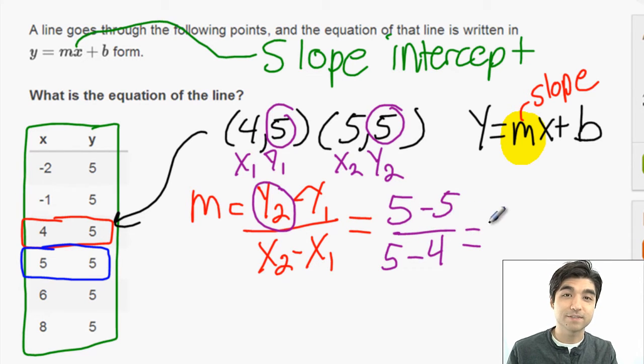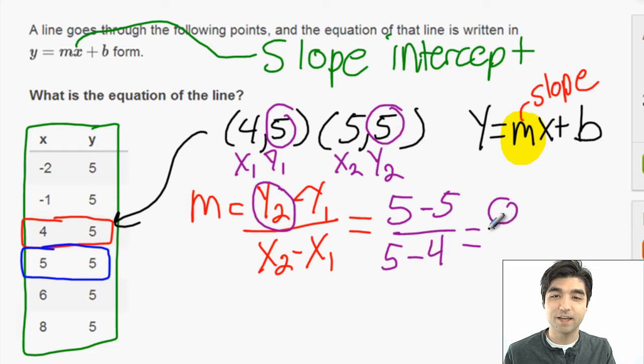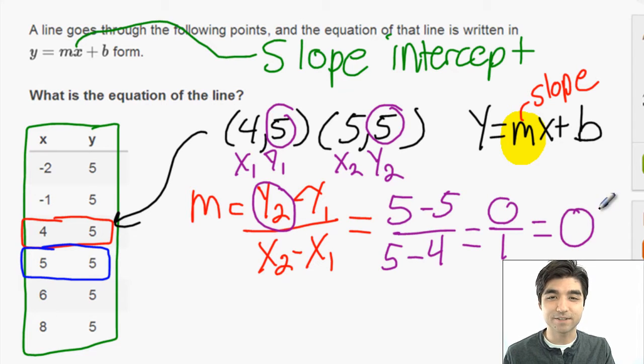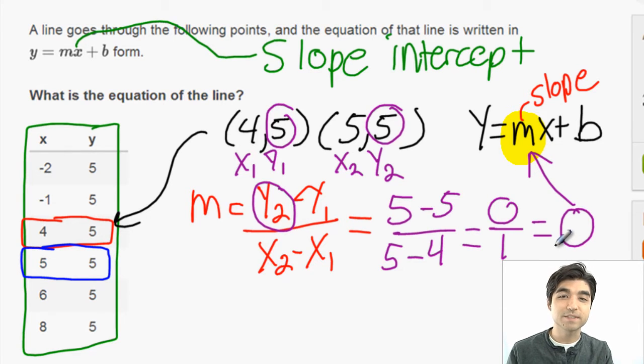So 5 minus 5 is 0, and then 5 minus 4 equals 1, and 0 divided by anything just equals 0. So what we just did was find the m value, but we're still missing the b value. We have to find the m and the b in order to have an entire equation.